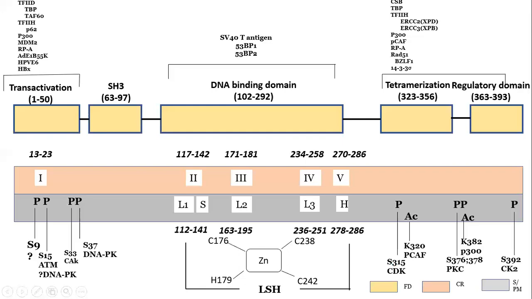Serine 315 phosphorylation is important for many purposes, and diphosphorylation at serine 376 and 378 is important for PKC, and serine 392 phosphorylation is important for CK2.